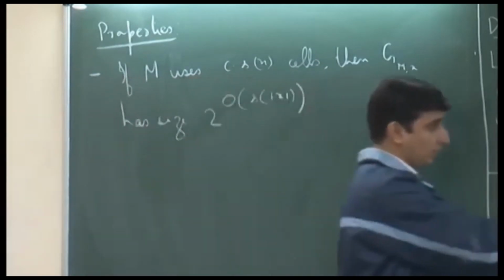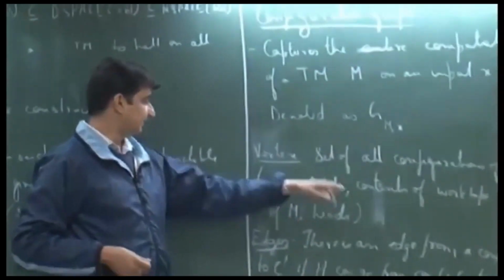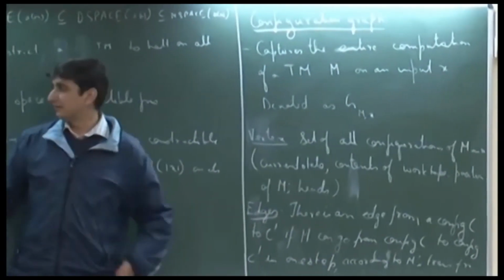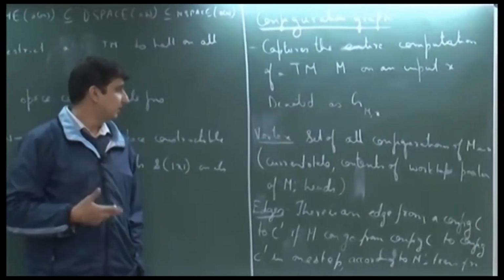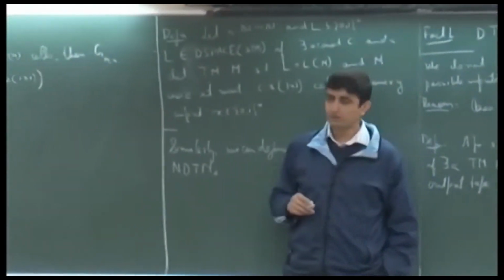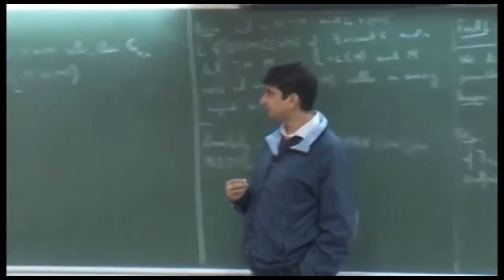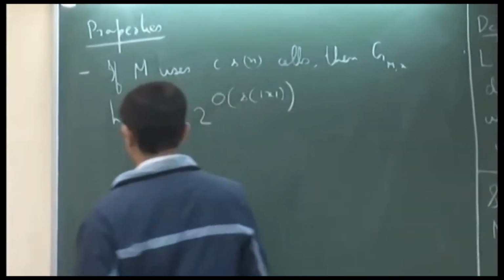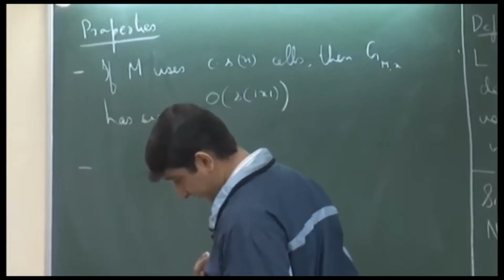For example, what is the size of the state set, and how many tapes it has. Generally we assume it has only one work tape, but we can also extend it to some constant number of work tapes, and the big O takes care of all those constants. What else?